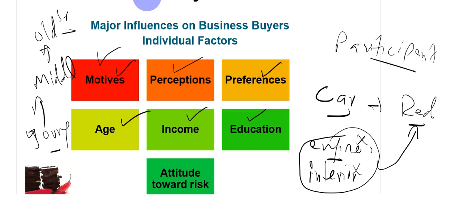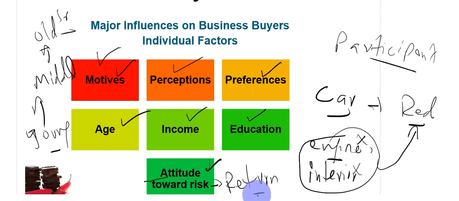Then attitude towards risk. Attitude towards risk means there are some people who take risks, and there are some people who are reluctant to take risks, because risk is related to return.